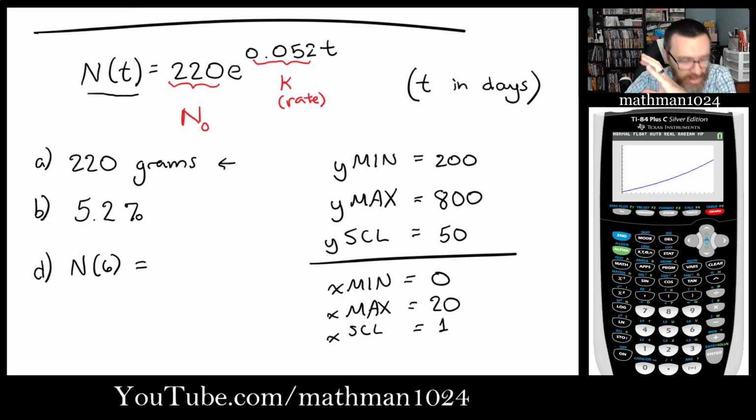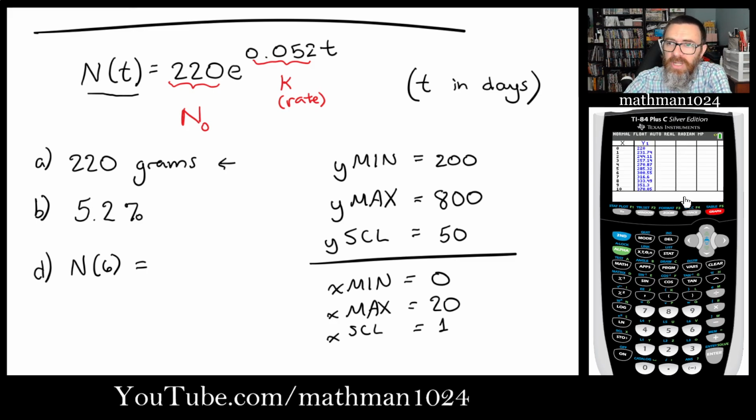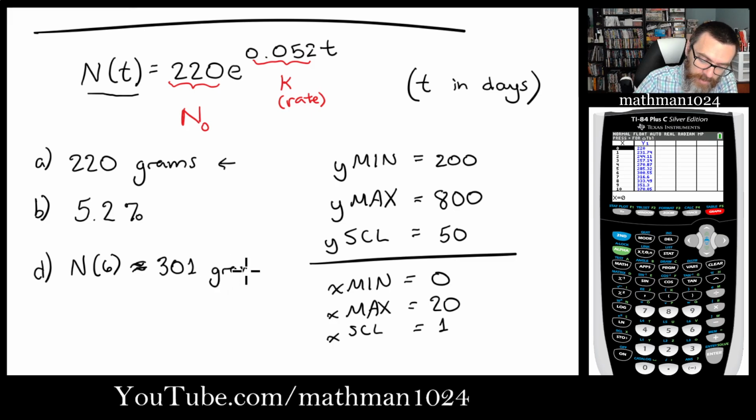So I'm not sure how familiar you are with the graphing calculator. You could go to second graph and bring up the table and look to where it says 6. And so the mass here is going to be about 301, I guess we should say approximately 301 grams. Okay. So in 6 days, it's increased quite a bit.